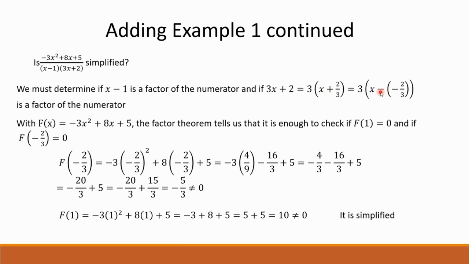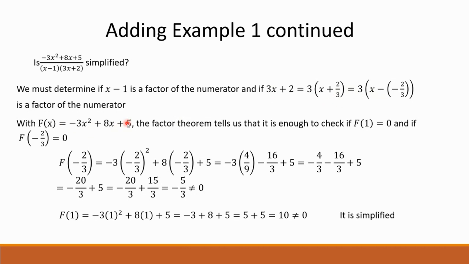So by the factor theorem, for this factor, it's enough to see, will the numerator have negative 2/3 as a root. So what I said here was, let capital F of x be the numerator.